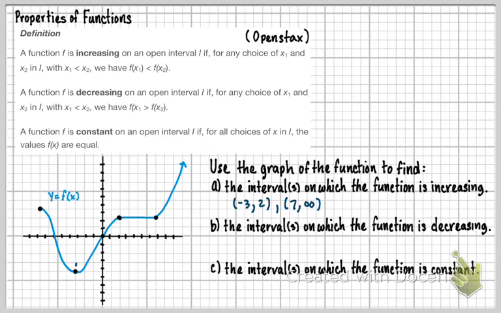Now let's look at where this function is decreasing. So we can see that it's decreasing on this piece of the graph here, and I think that's all. Yeah, there's nowhere else when I go from left to right that my y values are actually dropping. Okay, so that would be the only piece right there. So if I drop it down to there, it looks like it's an 8, or very close to 8.